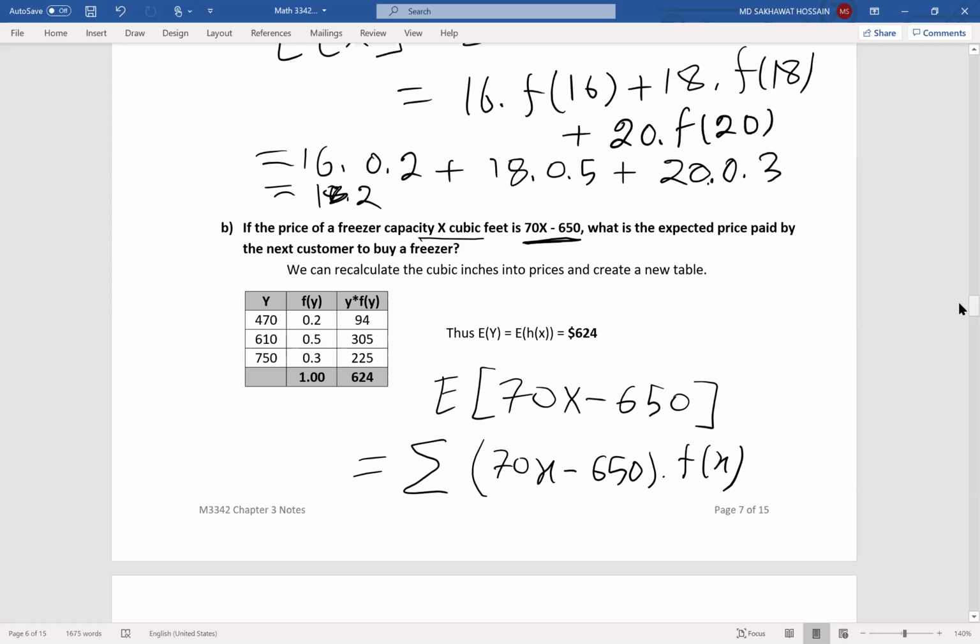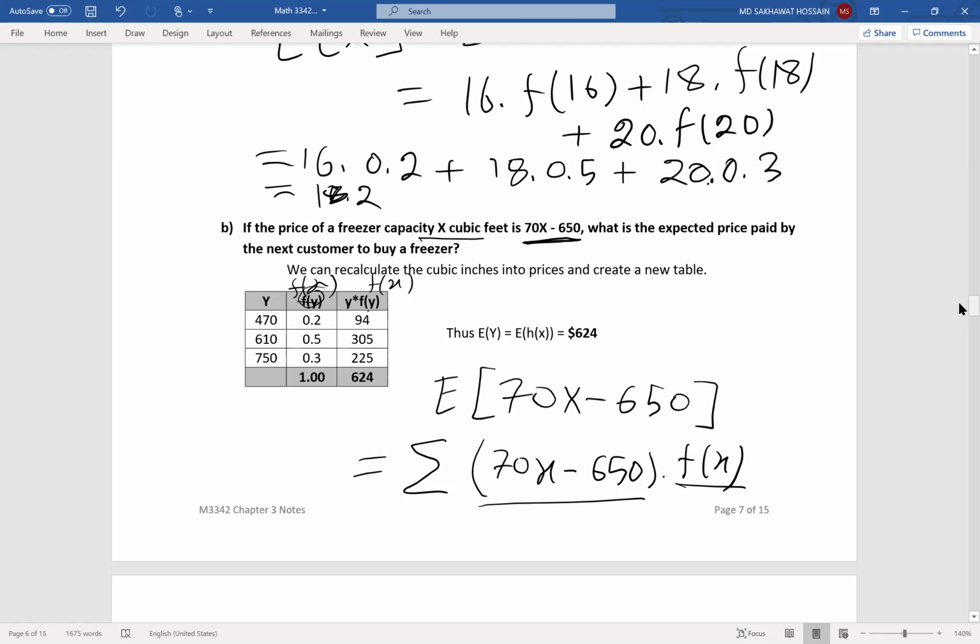Actually, the notation here is not correct. It should be f of x, because we are multiplying with the PMF, not f of y. Since our PMF is f of x, you have to multiply with f of x. So we are multiplying the function with the PMF.